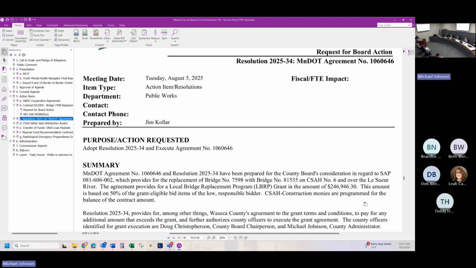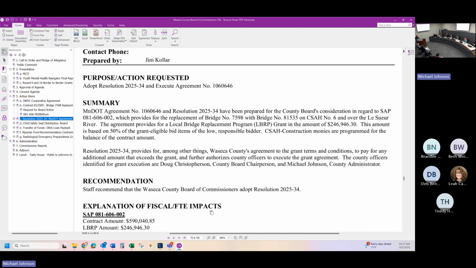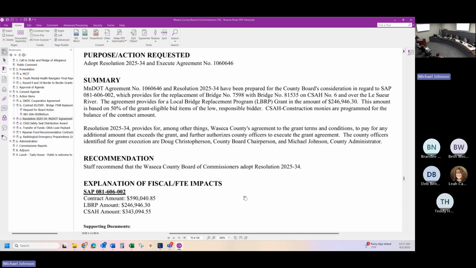Thank you. Since you just awarded a contract, this is the resolution to execute the grant agreement for this bridge structure and obtain the $246,000 and change, as reimbursement of certified expenses as we build the project. Again, it's just the $246,000, it covers the 50% of the grant eligible bid items, which is normal on a bridge located on County State Aid Highway.